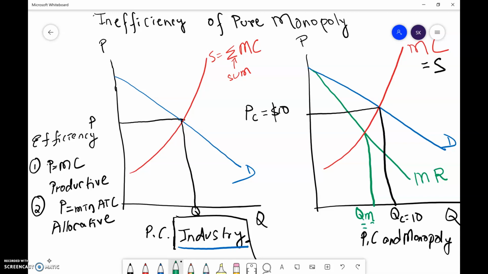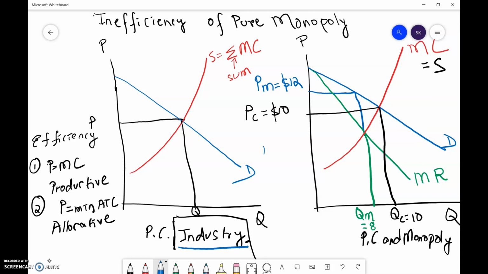Let this be equal to 8 units. To find the price, I am extending all the way to the demand curve. The price is greater than the perfectly competitive price.